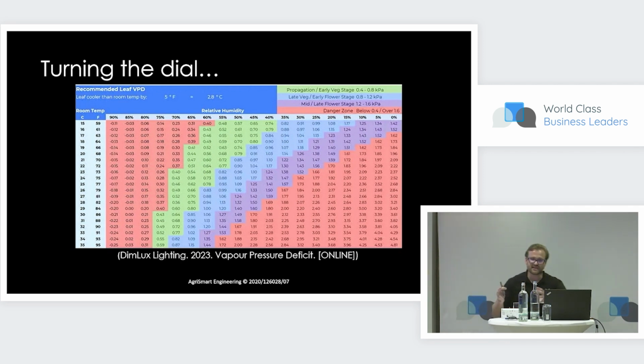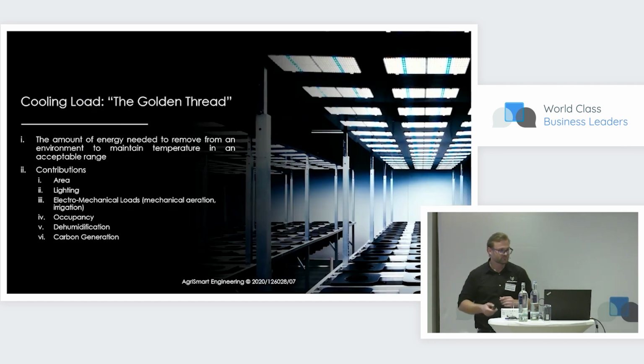So as you step up this growth process, you want to step up that vapor pressure deficit, and you can see we start in the green zone for propagation and early veg, and we move over through mid and late flower. This is essentially what your HVAC is all about, because your heating, ventilation, and air conditioning is what determines where you are on this matrix.